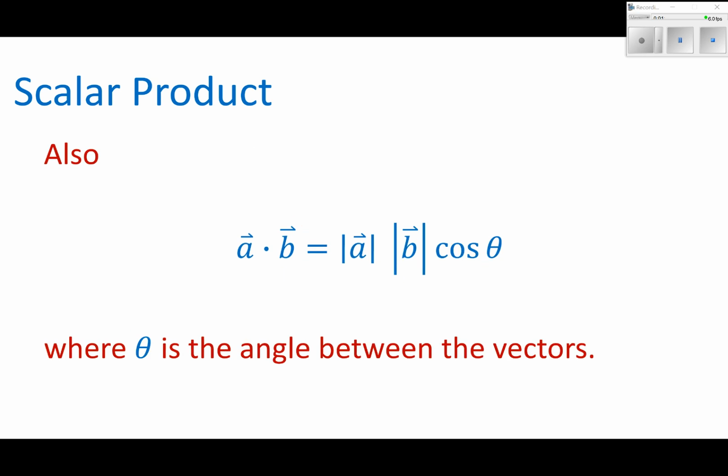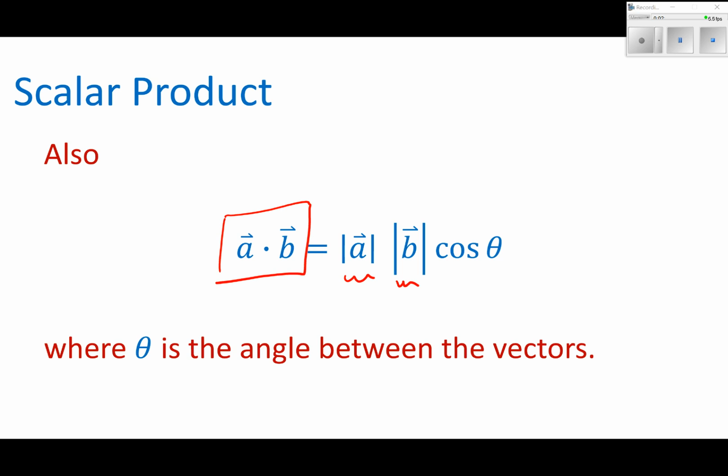Also, now we can find angles between vectors. All right, so the scalar product, this dot product, is the same thing as the magnitude of A times the magnitude of B times cosine of the angle between them. Again, theta is that angle between the vectors.